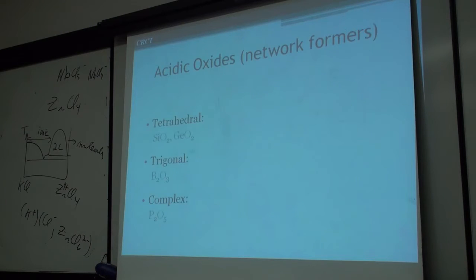I'll show you why. These are network formers or acids. The most important ones are silica, and let's say germanium, which is in the same group, tend to form a tetrahedral network. Boron tends to form a trigonal network, and P2O5 forms a complex network, meaning we don't really know what it does, but it's a network.